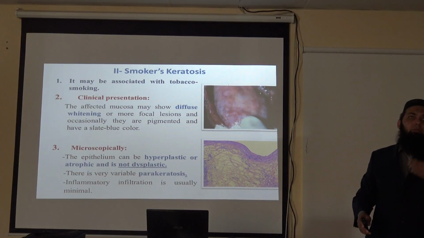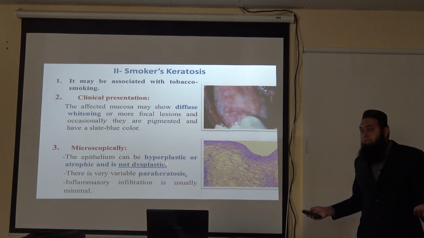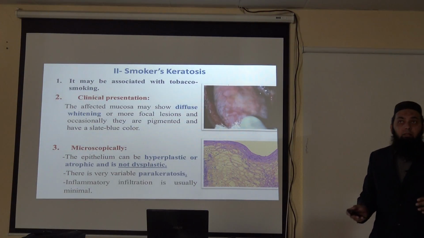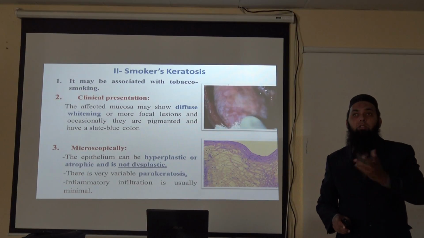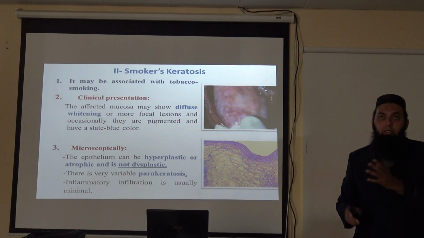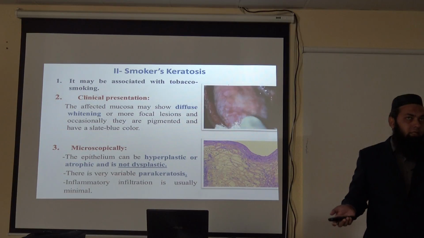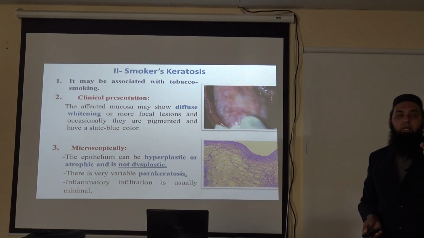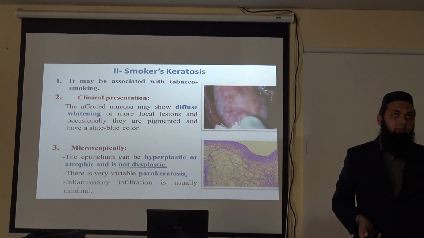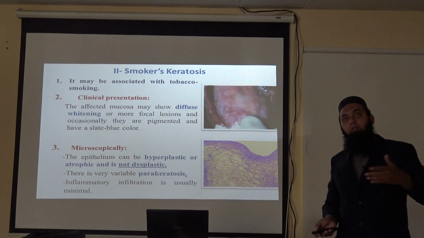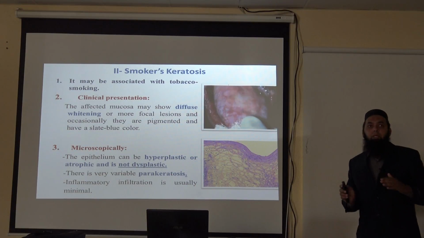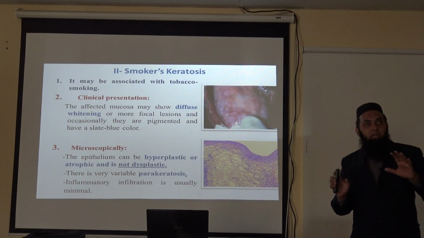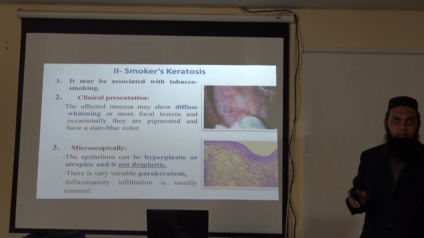So dysplasia means abnormal cells are formed. Cells are made more, or there are fewer cells, atrophy is there. But the important point is that no dysplasia is seen in these cases, meaning the cells which are formed are normal cells. Why is it important? If there is dysplasia, there are more chances of cancer. So if there is no dysplasia, it means it's not cancerous. As we have discussed, we are talking only about non-cancerous lesions in this lecture.